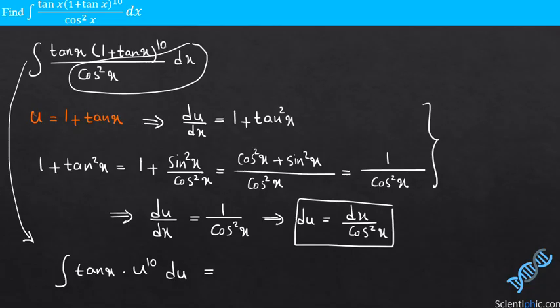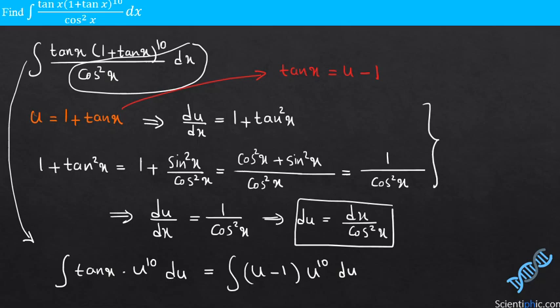So going back here, I see that 1 plus tan x is u, so that means that tan x is u minus 1. What I'm going to do here is that instead of tan x, I'm going to write u minus 1 times u to the power of 10 du.